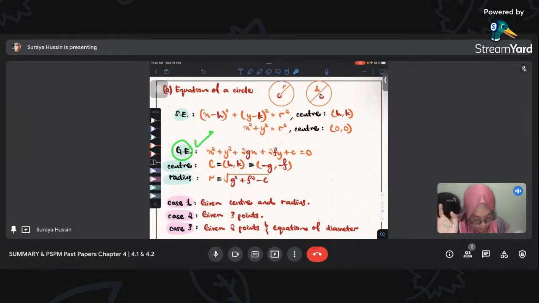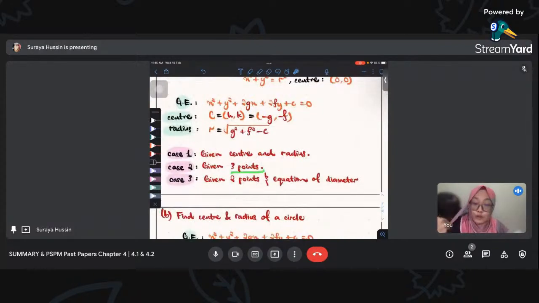Saya perasan most of you use GE, masukkan point A, point B, point C ke dalam equation of general ini. Nantilah kamu akan nampak. Saya tunjuk example kejap lagi. The tutorial questions.